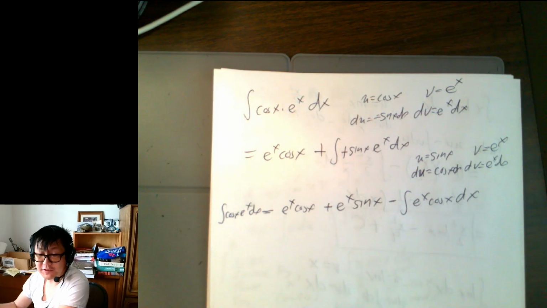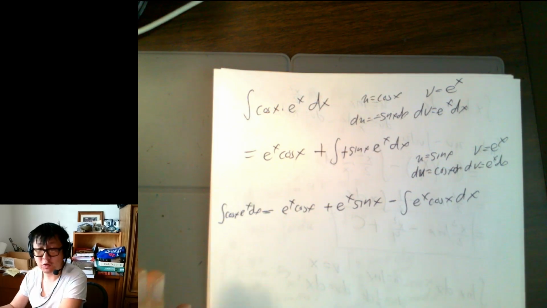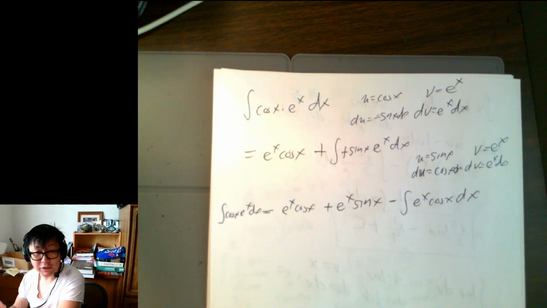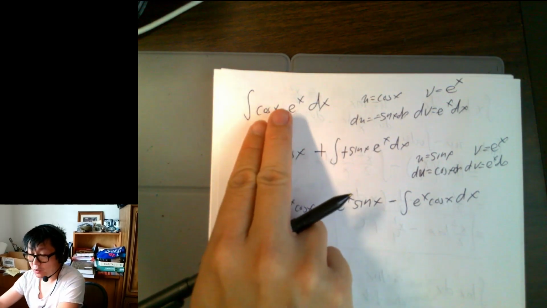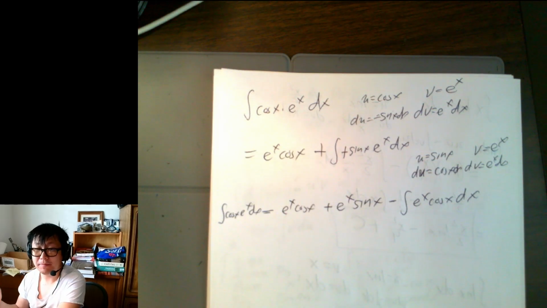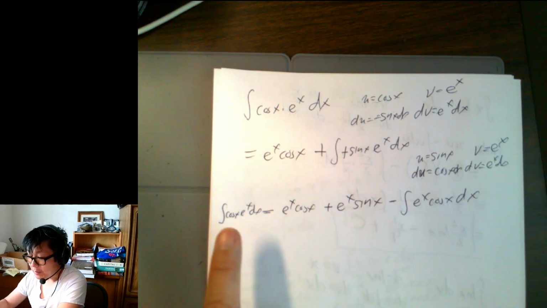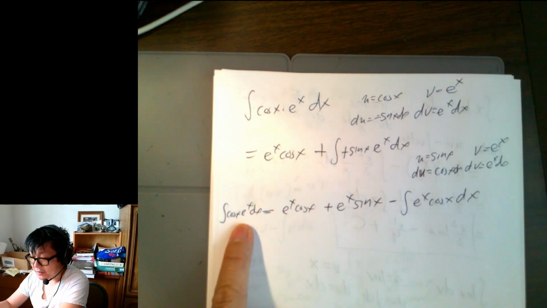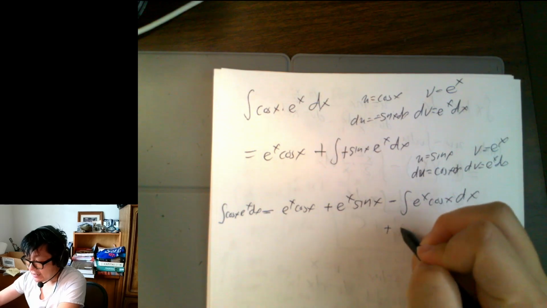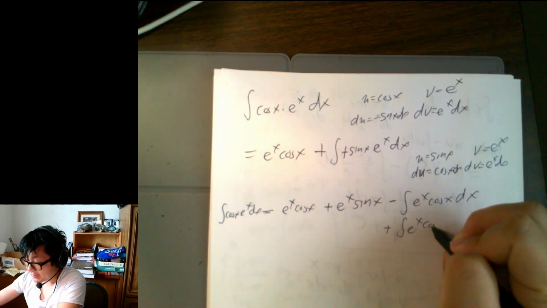However, there's a specific trick for an exponential and a trig function: you're going to do it exactly twice. The reason is, when you take two derivatives of cosine, you end up back with cosine, but with a minus sign. Remember, I have the integral on the other side here. So I'm going to actually add this integral to both sides.